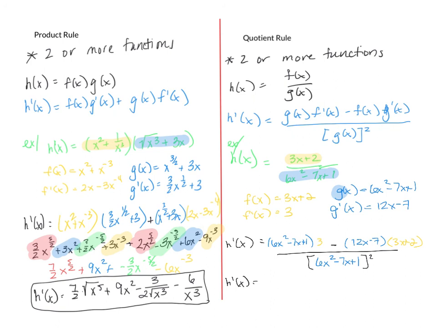So let's do this. 18x squared minus 21x plus 3 minus 36x squared plus 24x minus 21x minus 14 all over 6x squared minus 7x plus 1 squared.